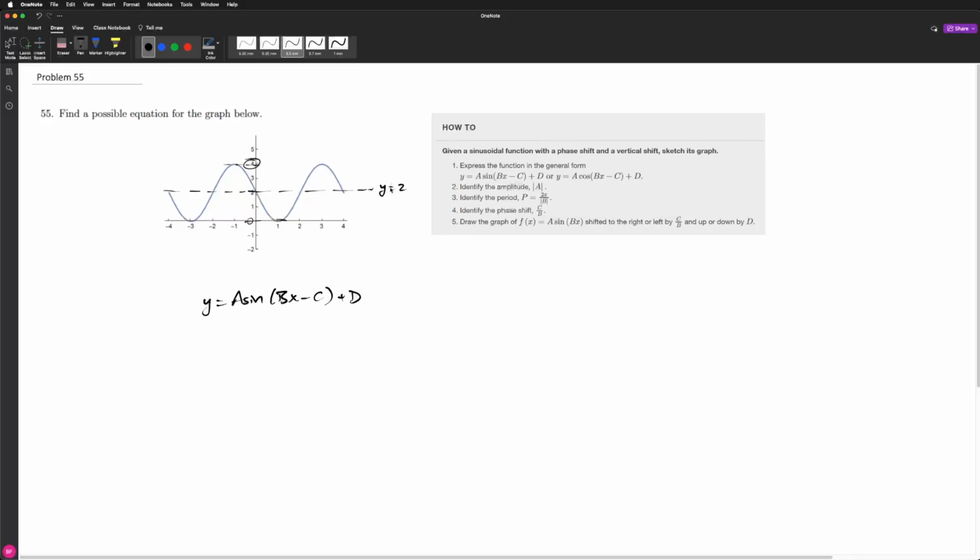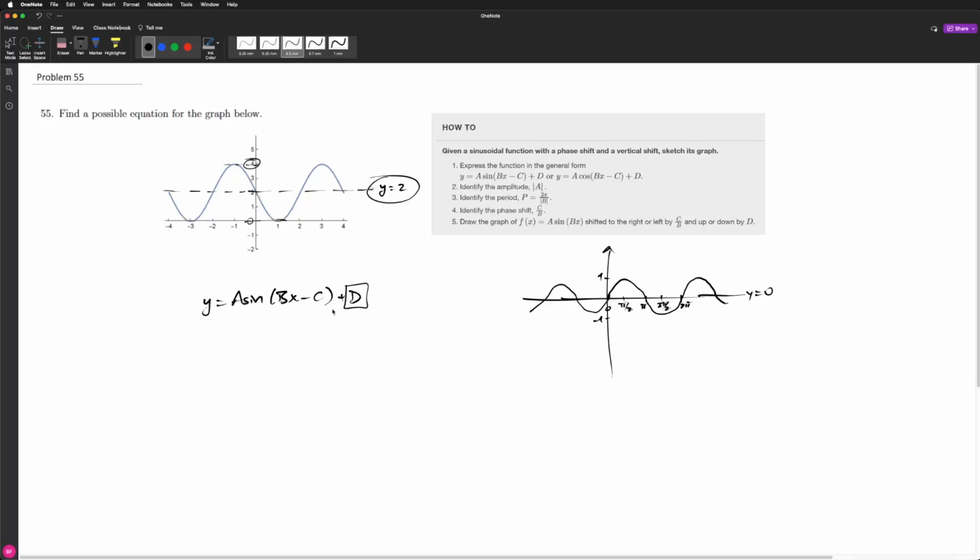And then that vertical shift, this is the graph of sine. And then let me mark the 5 points. So the vertical shift is 2 instead of 0.